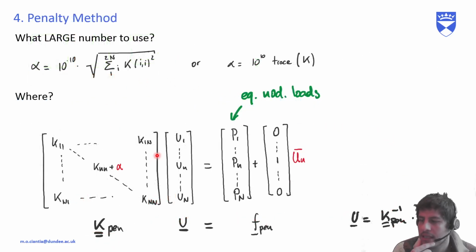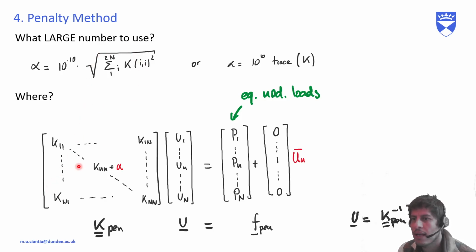Now, what is this large number to use? So what is the penalty factor and how do we calculate it? Well, we can calculate it as a big number, so 10 to the 10 times the norm of the trace of the stiffness matrix. So basically, we add the square of each term in the diagonal, and then we take the square root of this.